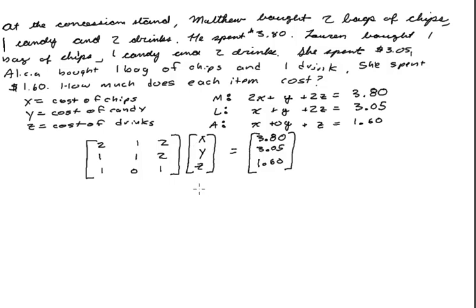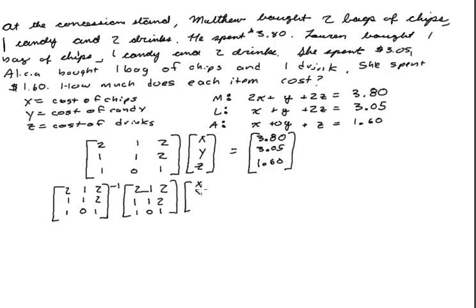Now, to solve a matrix equation, I want to figure out what x, y, and z are. So I want to get this matrix x, y, z by itself, so I want to get rid of this matrix. To get rid of this matrix, I multiply by its inverse. So I'm going to take 2, 1, 2, 1, 1, 2, 1, 0, 1 inverse multiplied by 2, 1, 2, 1, 1, 2, 1, 0, 1 times x, y, z.